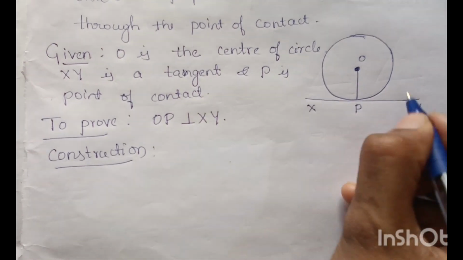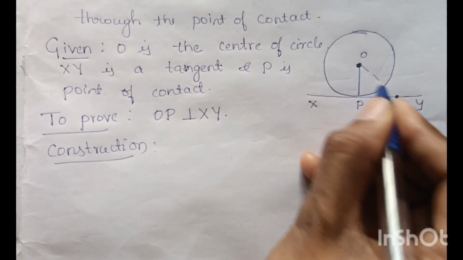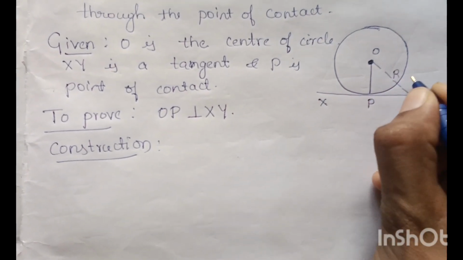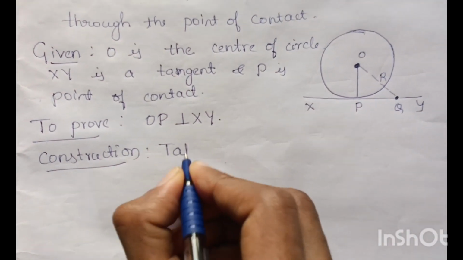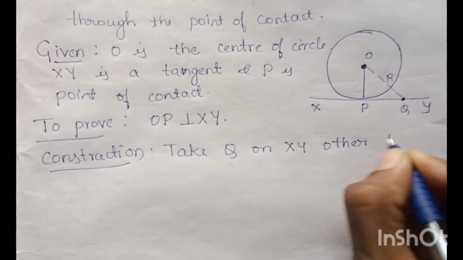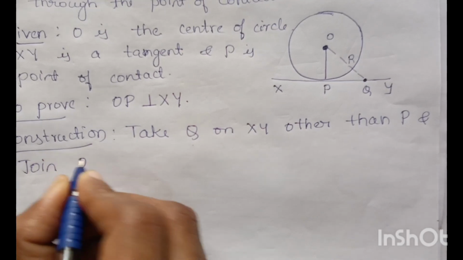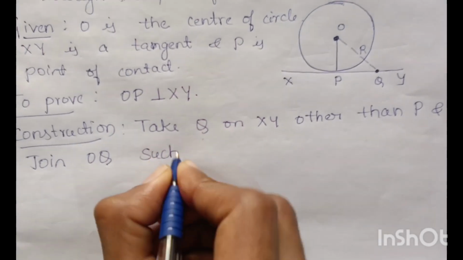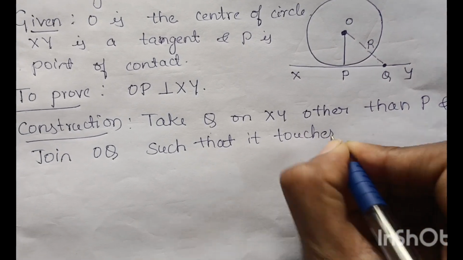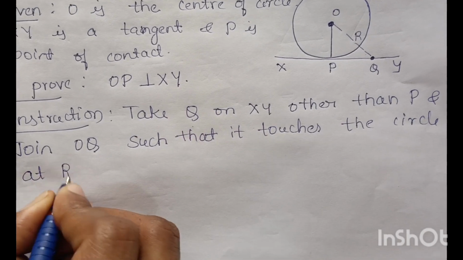For this I am taking any point Q on the tangent XY, other than P, and joining OQ such that OQ touches the circle at R. This is the construction.